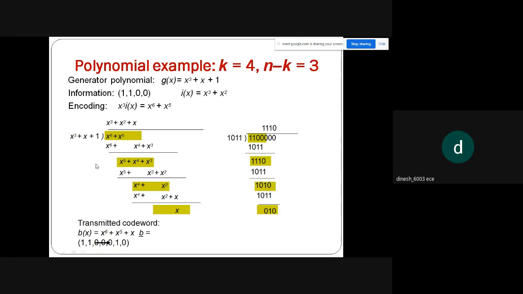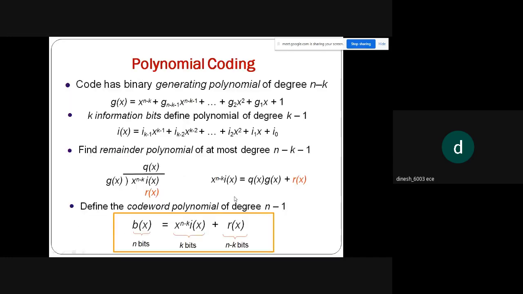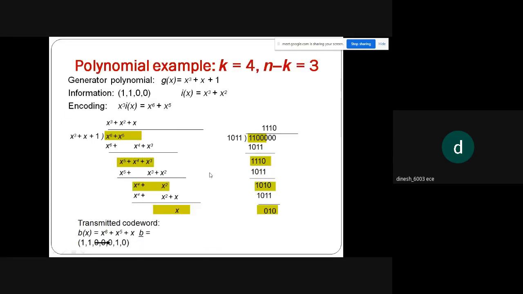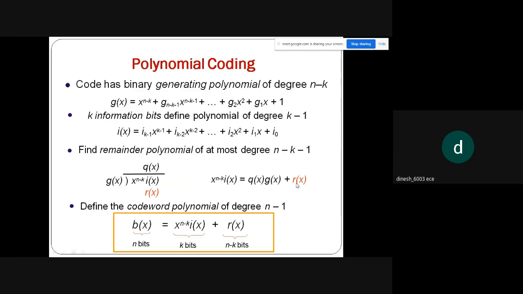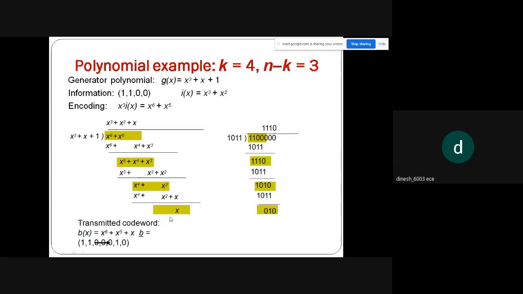For this problem, our bit being transmitted is x power 6 plus x power 5. So this x power 6 plus x power 5 is your q of x. Write it as it is, as given in the pattern, plus your remainder. So the remainder is this x. So write it.